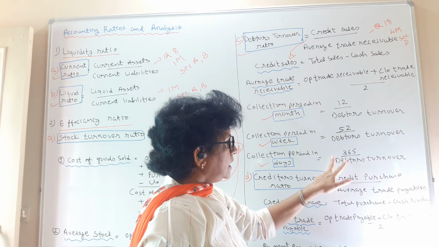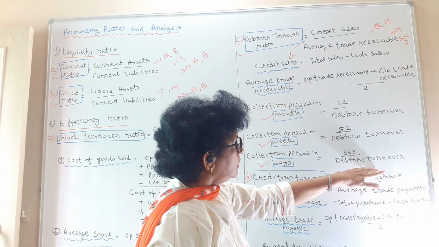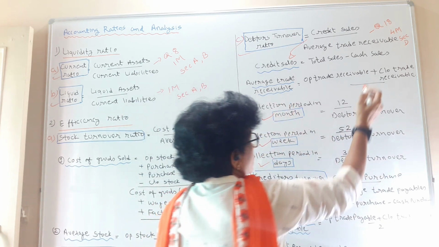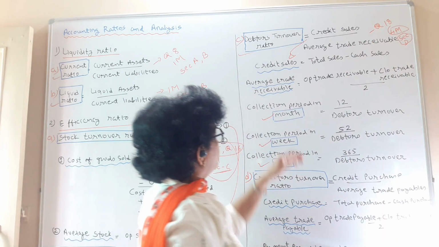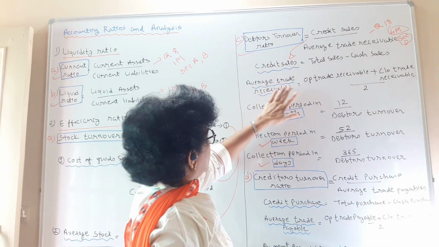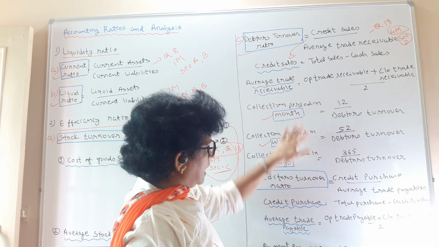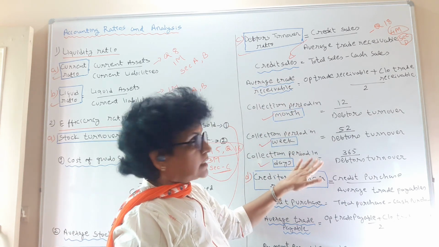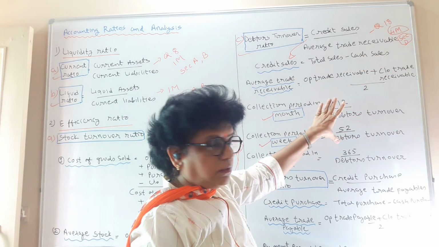Accordingly you have to take the figure upon the debtors turnover. This question is going to be for 4 marks, that is in the D section, because 1 mark for this, second mark for this, third is for this, and the fourth one is any one out of this may be asked. In your textbook you have question number 18 based on this.